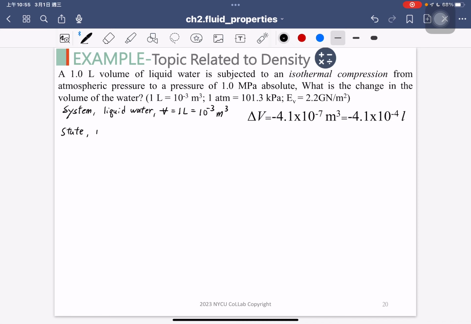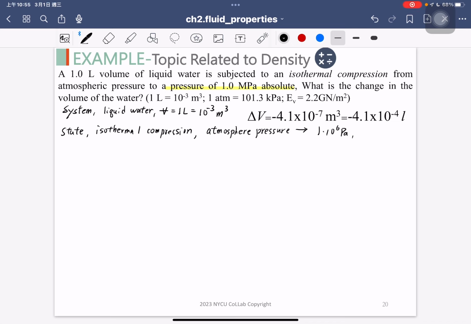So right now the system target is the liquid water. And what is the state? The second thing states some important information. We know that this is an isothermal compression. And what is the pressure after the compression? We compress from atmospheric pressure, which is our initial pressure, to a pressure of 1 million pascals.